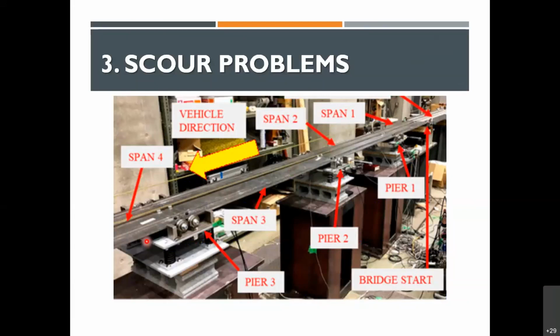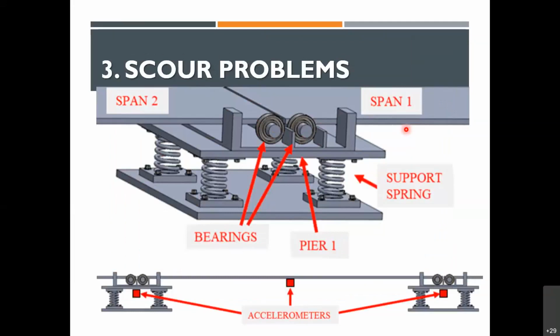We created a multi-span, small-scale bridge-vehicle interaction model, and we had the vehicle moving at various controlled speeds, but we controlled the scour by changing the stiffness of these boundaries, because that's overall what happens. Of course, there's a stiffness loss in the rotation as well, but that was not in consideration here.